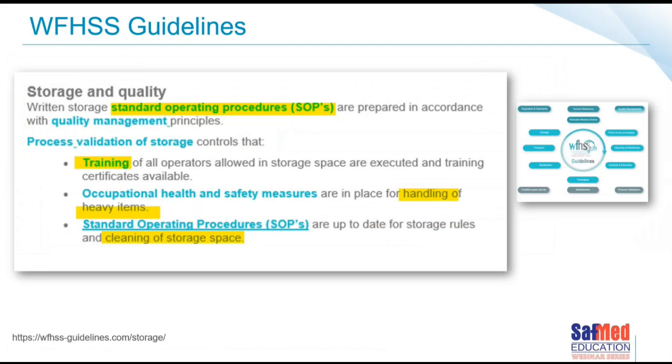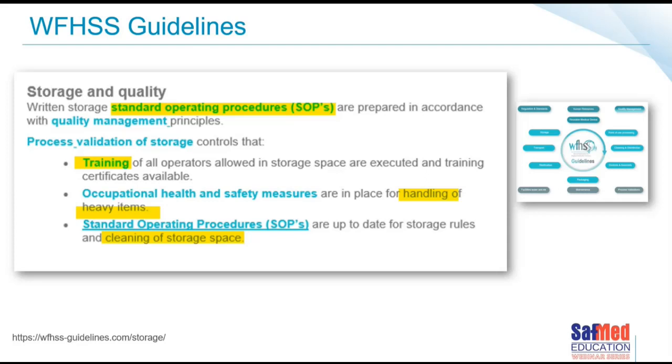Looking at some aspects from the World Federation for Health of Hospital Sterile Suppliers, going to their guidelines, three things popped out for me. Number 1, you should have written standard operating procedures about your sterile storage principles and management systems. There should be training of all the operators. Everybody who works with sterile packs needs to be trained on how to manage those sterile packs.